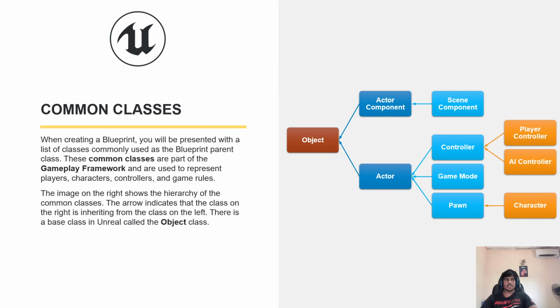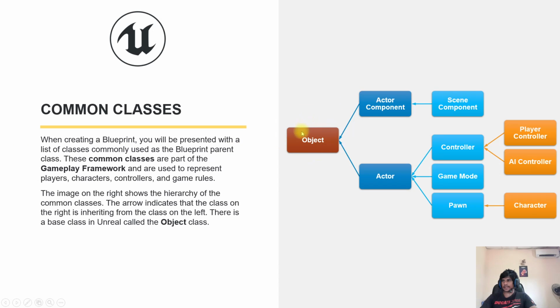Let's wait for the engine to start, and until then let's take a look at this first slide. Here we are going to introduce the common classes. I briefly introduced the common classes we have in Unreal when we created a Blueprint. You can see all the classes extend from Object.